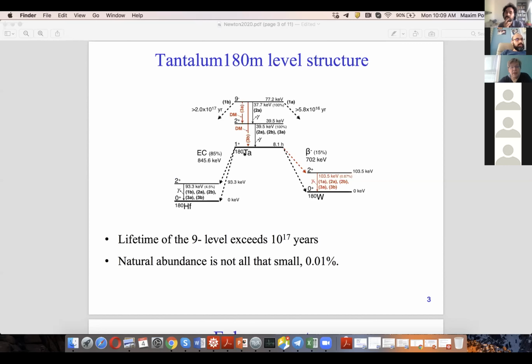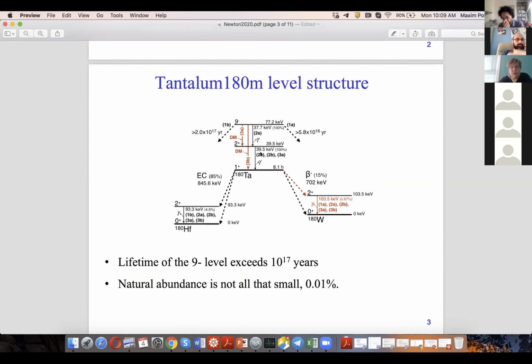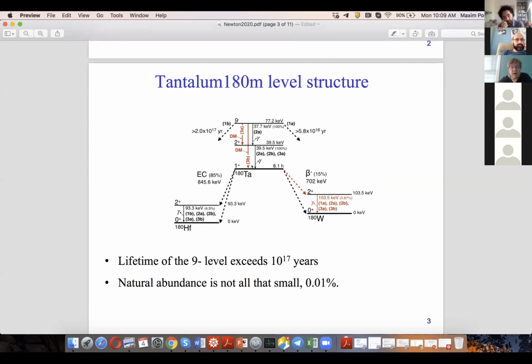Tantalum 180 is unstable in the ground state, decays to either tungsten or hafnium due to beta decay or electron capture. This is all very nice. And so the lifetime of the tantalum 180 is a normal weak decay lifetime of a few hours.